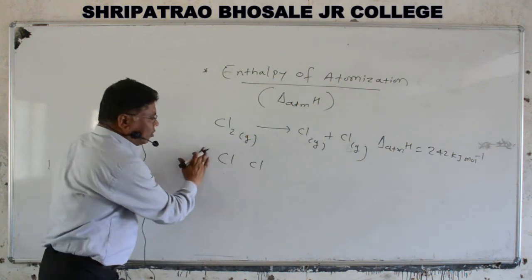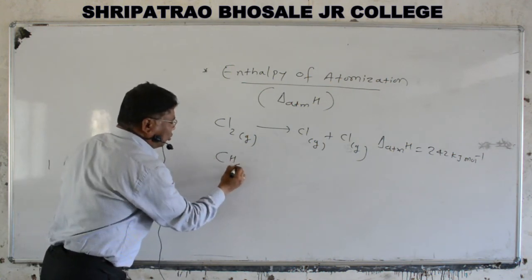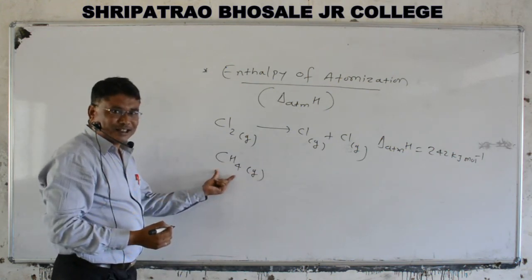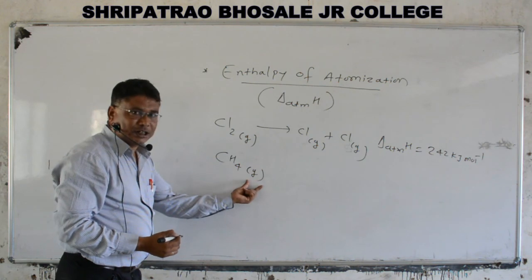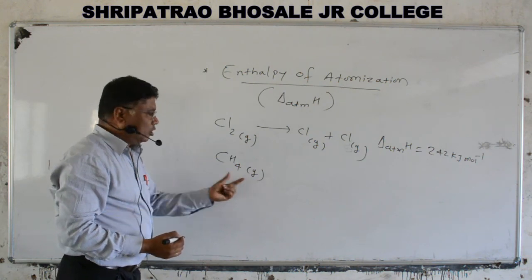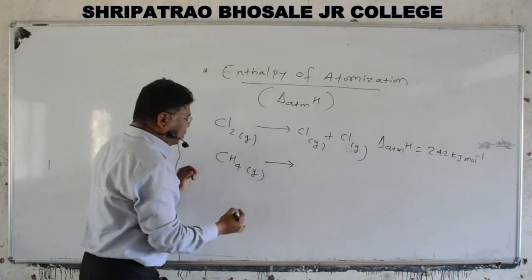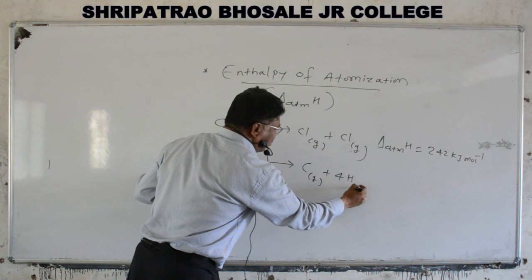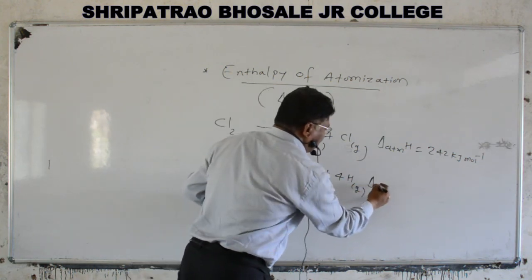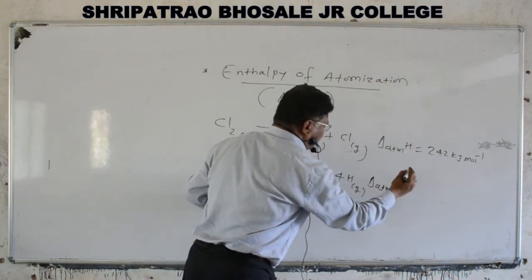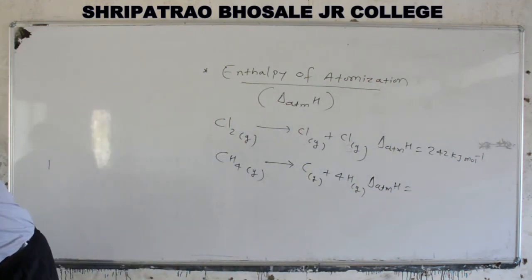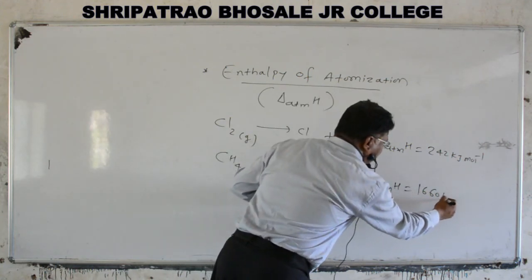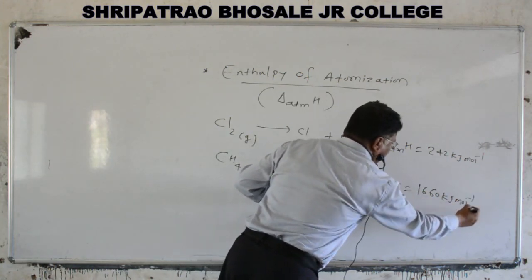Another example. For example, CH4 gaseous. You know that methane's molecular formula is CH4, and the physical state g means it is gaseous. Here we want to separate it into carbon gaseous plus 4 atoms of hydrogen gaseous. So the enthalpy of atomization for this reaction is 1660 kilojoule per mole.